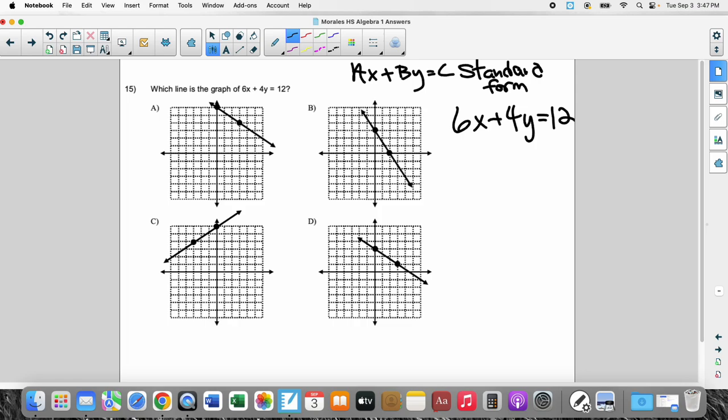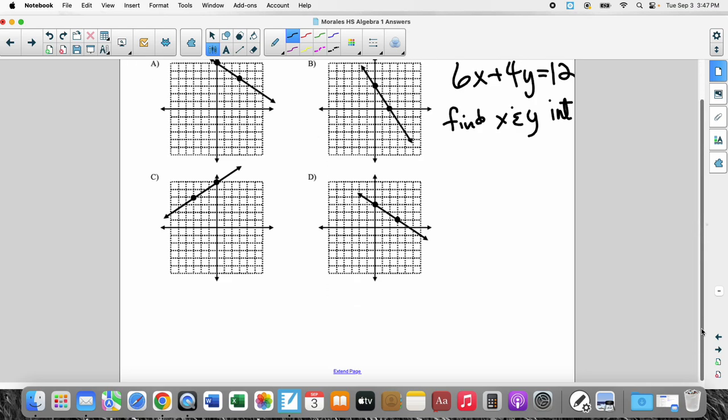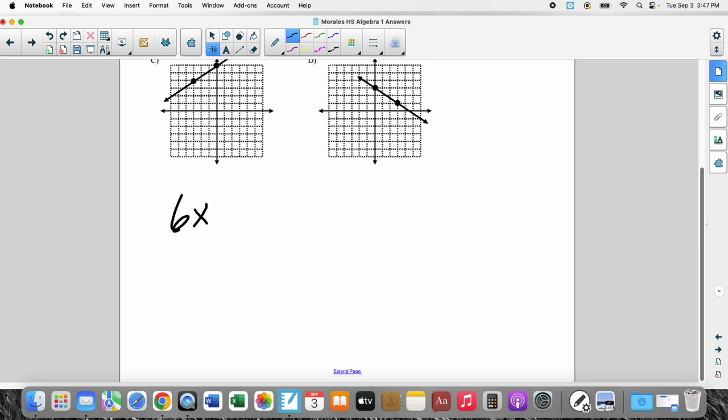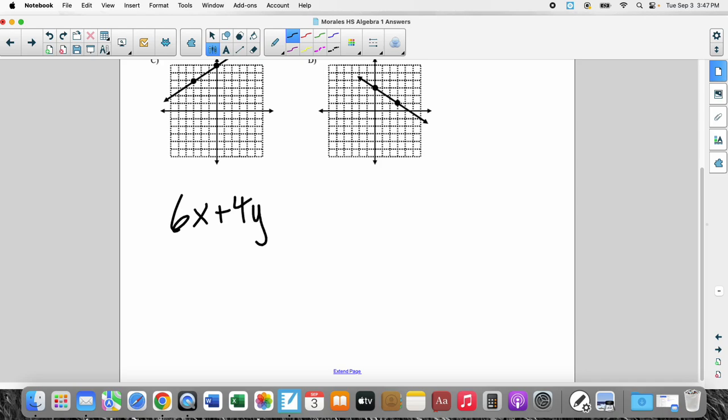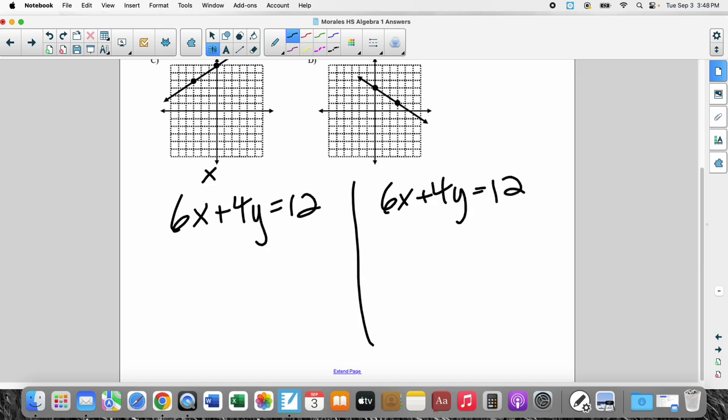And it's really conducive for finding the x and y intercepts. It's super easy because if we're finding the x-intercept, 6x plus 4y equals 12, I plug 0 in for y, and what happens?